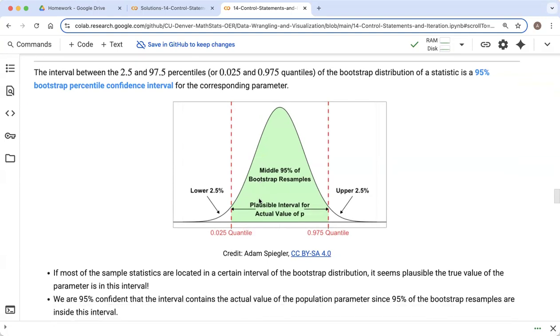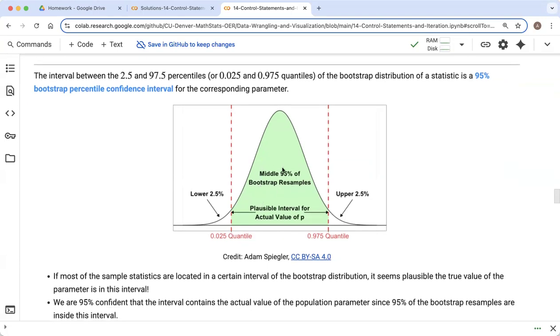So I have my bootstrap distribution. I want to contain the middle 95% of the values. That means we want to exclude 5% of the values that are not going to be in that green area. So we get rid of the 2.5% of the smallest bootstrap statistics, and we get rid of the biggest 2.5% of the bootstrap resamples.